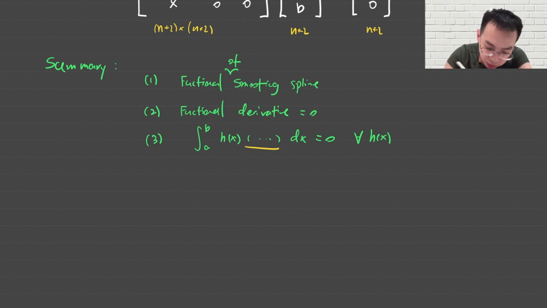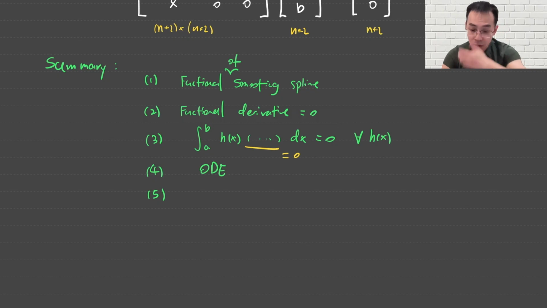So that leads us to the ordinary differential equation. That gives us an ODE when this yellow term here equals to 0. And so the next thing that we did is to solve this ODE, and that gives us the kernel function, the cubic spline kernel.